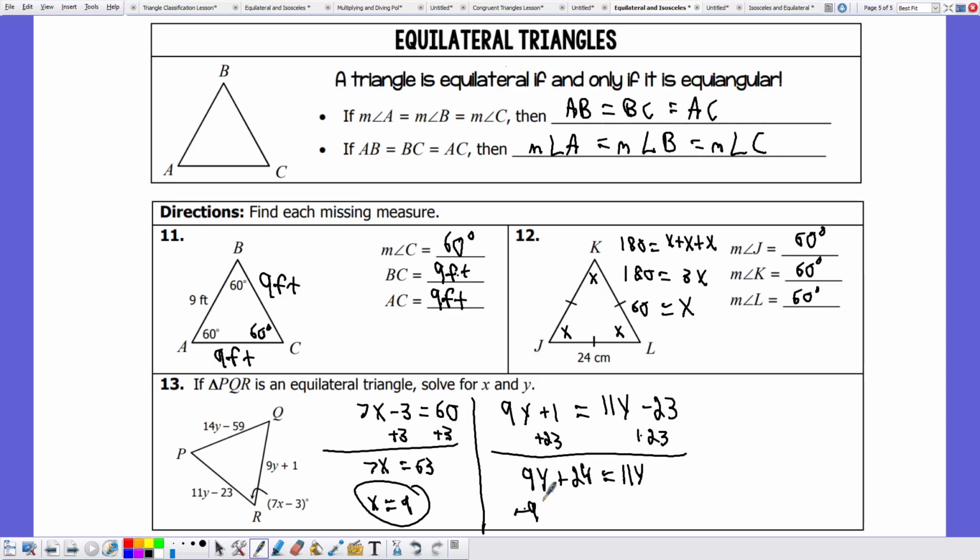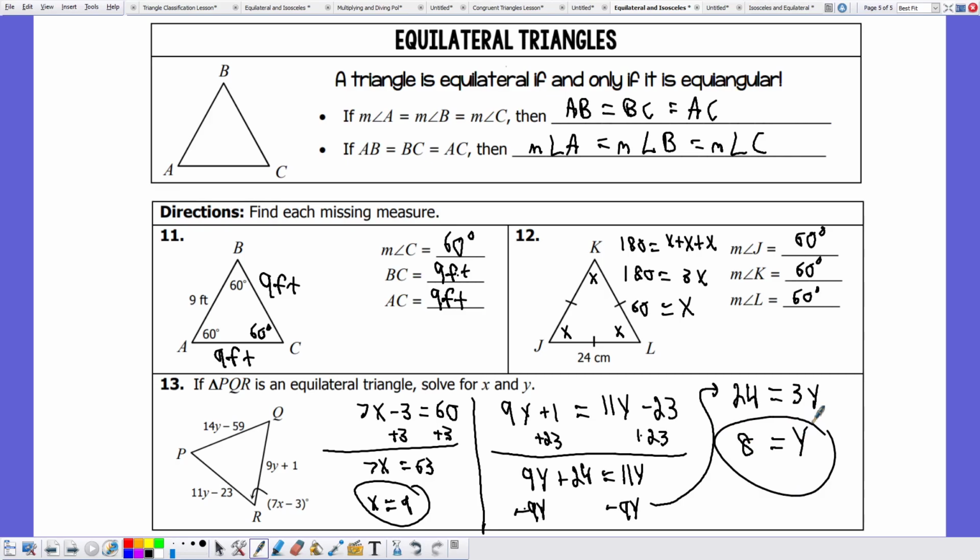Subtract 9y on both sides, and we will get that 24 is equal to 2y. Then, with division by 2, we have that y is equal to 12.